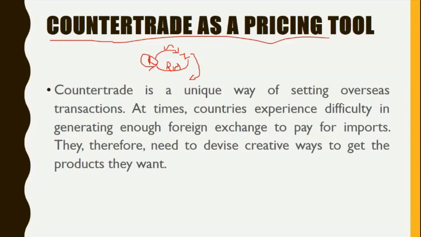Whatever amount of goods was exported by the exporter to the importer, similarly the exporter needs to purchase some products from the importer country. That concept we call counter trade, and the agreement we call a counter trade agreement.